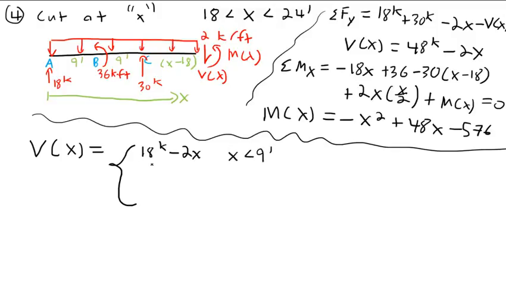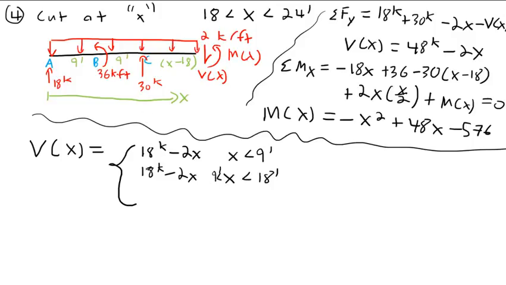And it's going to be equal to 18 kips minus 2x again. It's actually the same. For x is greater than 9 feet, is less than 18 feet.